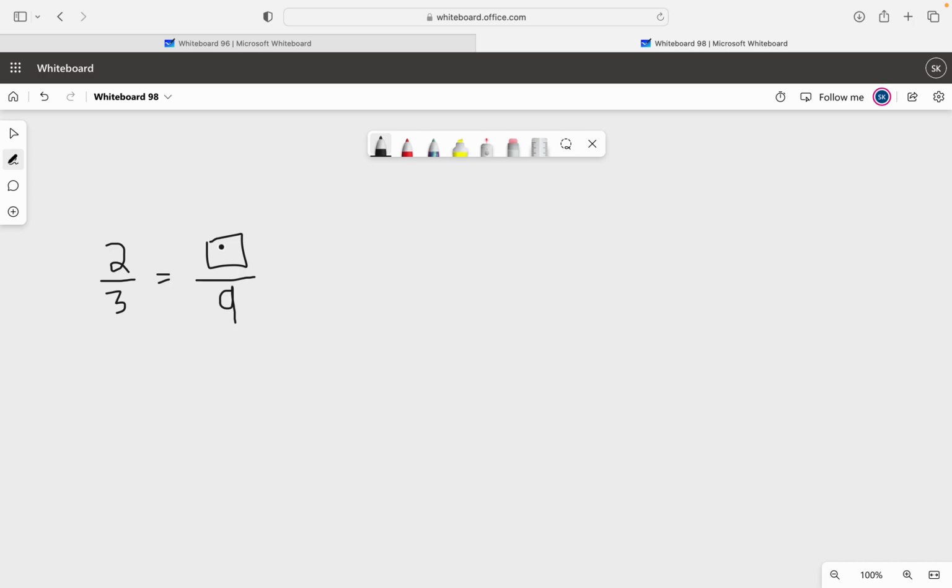You have the denominators, right? First, you divide this denominator. 3 times 3 is 9. So it's a common number which you need to multiply the numerator and denominator with. So 3 times 3 and 2 times 3.